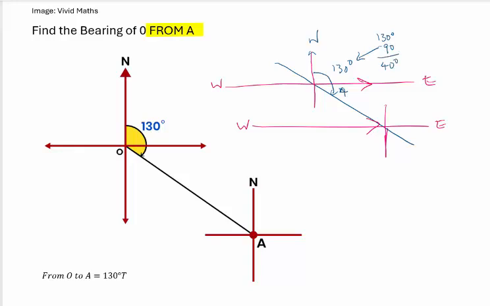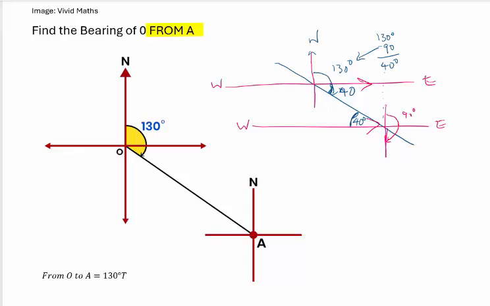So if this is 40 degrees, hopefully you know that this is 40 degrees then, because these are alternate angles. So if I know that's 40 degrees, I can now do my true bearing. From there to there's 90.